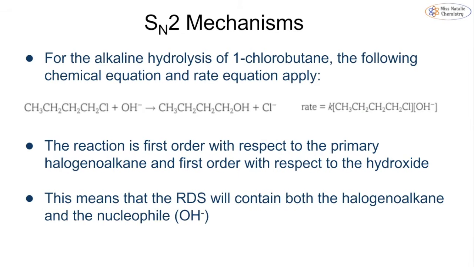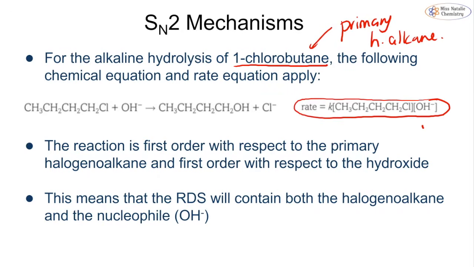If we compare this to the hydrolysis of 1-chlorobutane, with this being a primary halogenoalkane, we get the following chemical equation, making our alcohol, and we get this rate equation here. Notice that there are two molecules here.